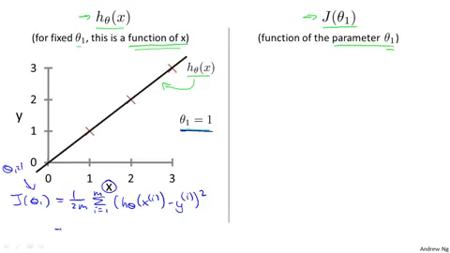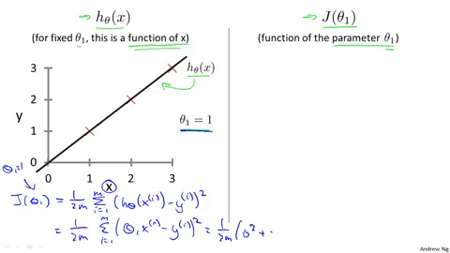And this is therefore equal to the sum of (theta 1 times x_i minus y_i) squared. And if you simplify, this turns out to be 0 squared plus 0 squared plus 0 squared, which is, of course, just equal to 0.